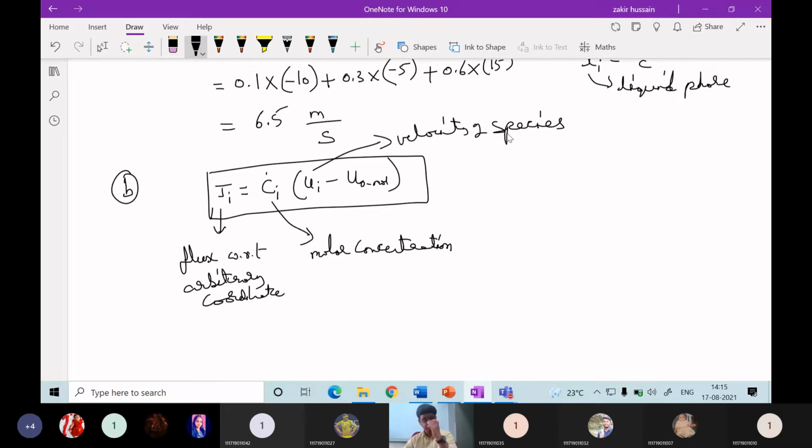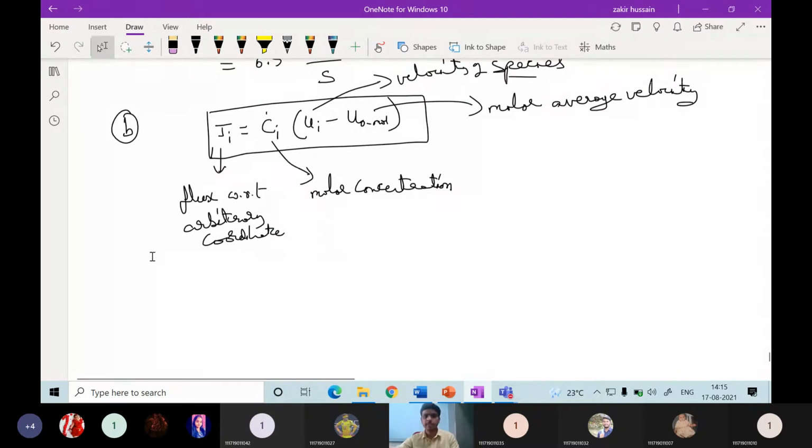There we have given an example of fishes, that species only. Then this is molar average velocity, whatever we calculated in part A. So we have to estimate here the molar concentration.